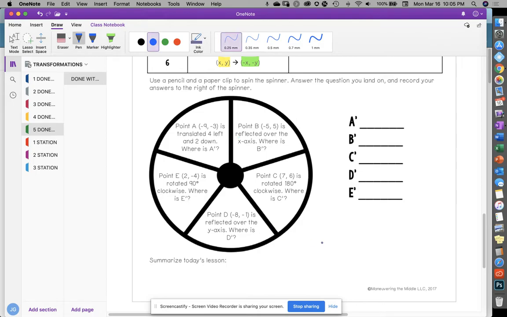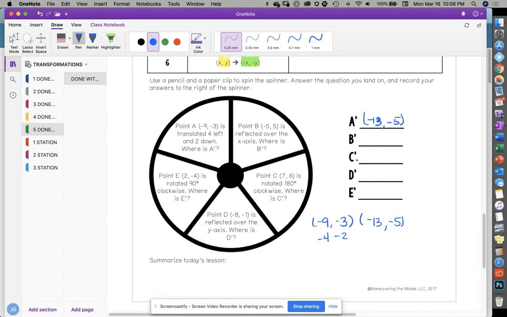So if I'm going from negative 9, negative 3, and I'm going to go 4 left, that's subtract 4 from here, and then 2 down, so subtract 2 from there. So I should wind up with negative 13 because these are both negative. We're going to add these together and keep the negative. And same here, I'm going to add these together and keep the negative. I'm going to get negative 13, negative 5 is my new coordinate.